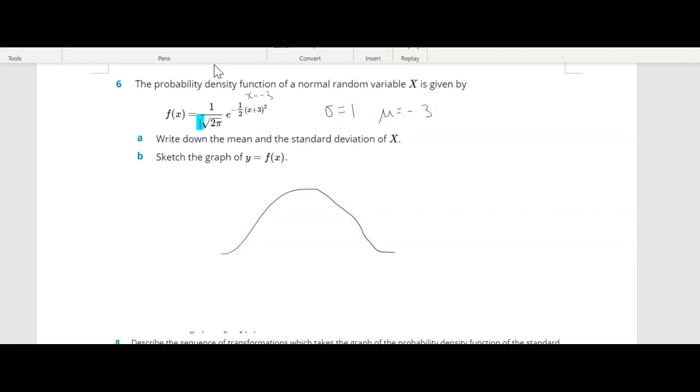It doesn't matter how it's peaked, because it's just your mean and your standard deviation that you're going to fill in. All right, so your mean is always in the middle. So that's going to be negative 3. That's your mean. And then our standard deviation is 1.